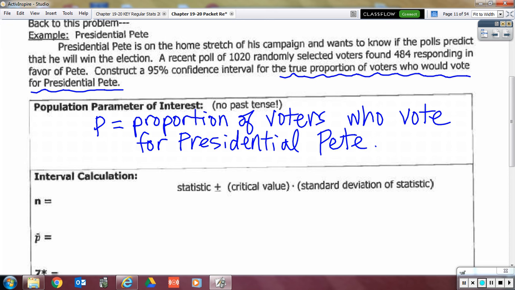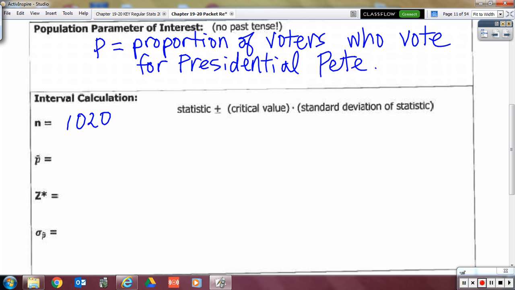Okay, so now we're going to get to the math that you guys have practiced the last 2 days. Okay, here we go. What's n? All right, 1020. P hat. What's P hat? 484 is not a proportion. Nope. That's a confidence level. 484.